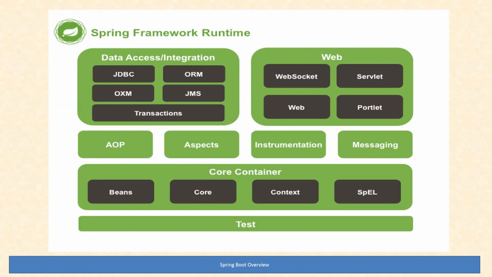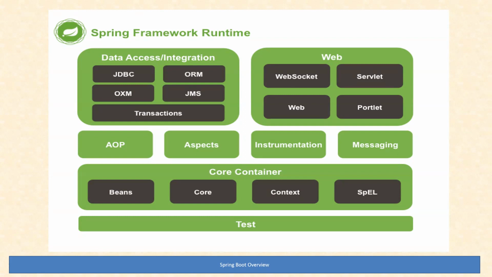And coming to data access and integration, we have JDBC, Java Database Connectivity, ORM, Object Relational Mapping, and OXM, Object XML Mapping, JMS, Java Message Service, and of course transactions. So we can do transaction management whenever we are integrating with any database and accessing data.